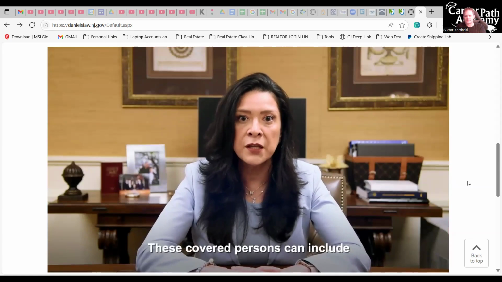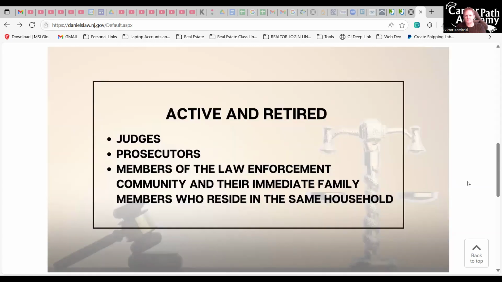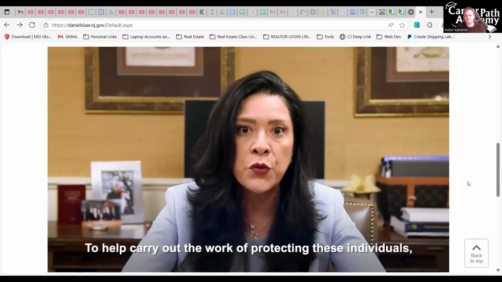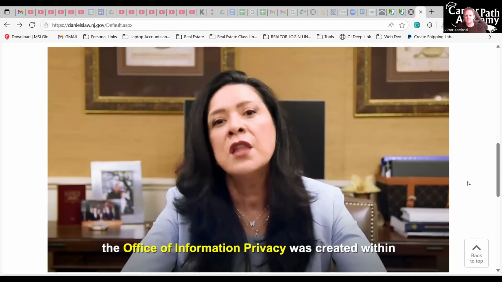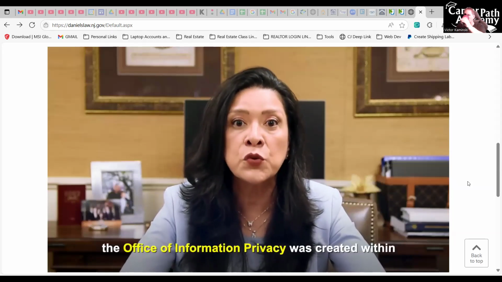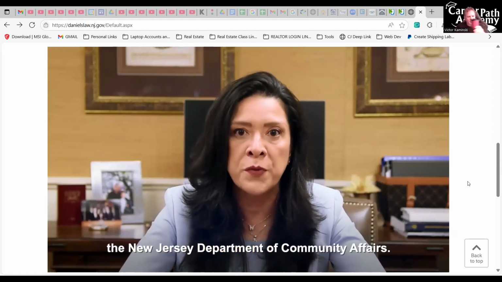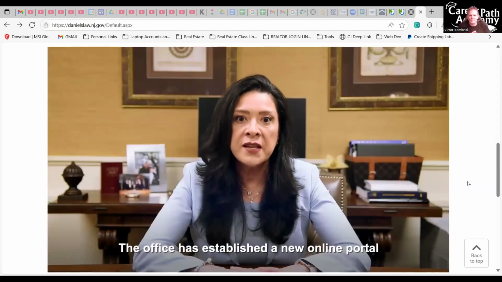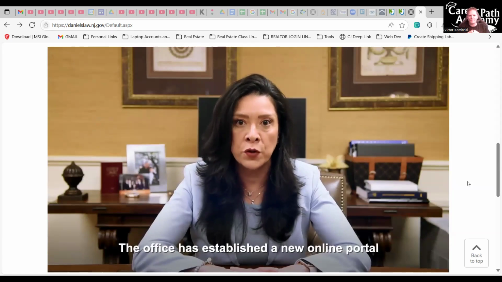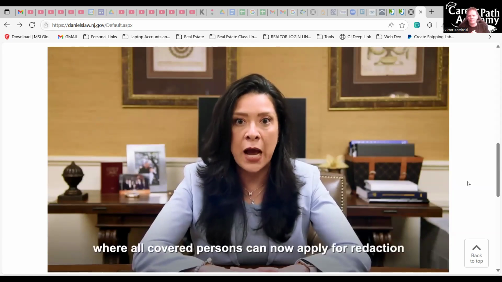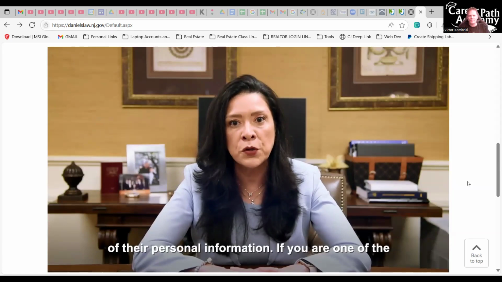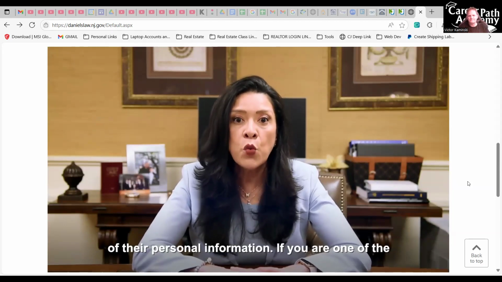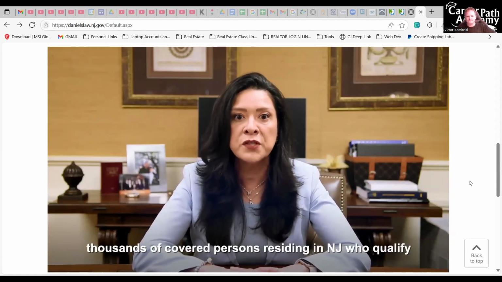These covered persons can include active and retired judges, prosecutors, and members of the law enforcement community and their immediate family members who reside in the same household. To help carry out the work of protecting these individuals, the Office of Information Privacy was created within the New Jersey Department of Community Affairs. The office has established a new online portal where all covered persons can now apply for redaction of their personal information. If you are one of the thousands of covered persons residing in New York.